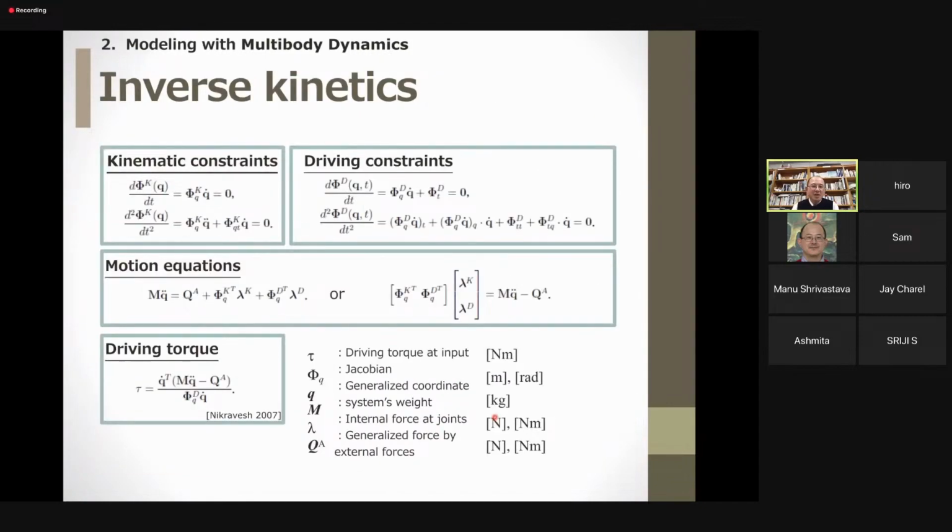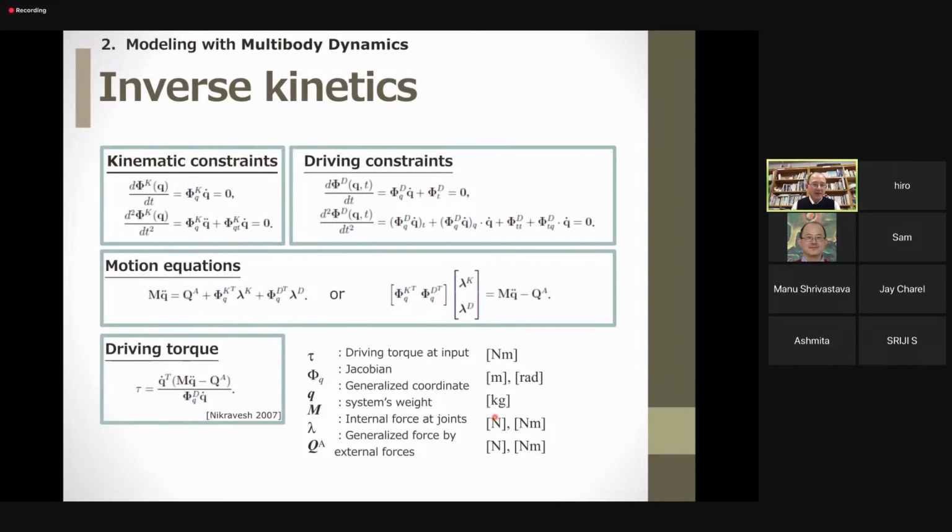Then this is the inverse kinematics. You may know the kinematics and the inverse kinematics. Normally, we can formulate the target position and the rotation and the angle, the leg and the hand. So then inverse kinematics tells what kind of joint motion is necessary to move to some specific target motion.